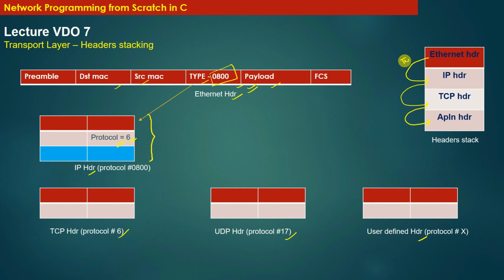So the Ethernet layer has the type field, the IP layer has the protocol field, and the TCP or transport header has the port number fields, which is the destination port number, and finally your packet reaches the application. The application can have its own application specific header which only the application understands. So this is called header stacking.